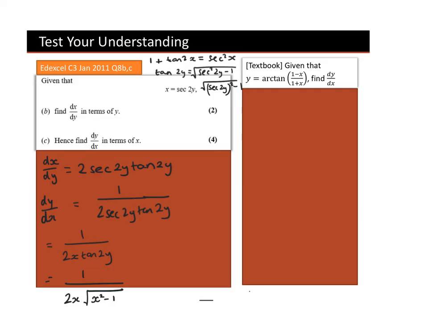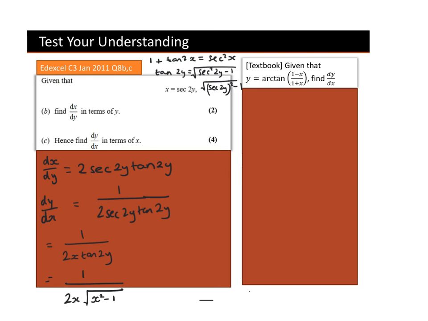Okay, then for the second part of the question, part B. So this time we need to find the differential of this.